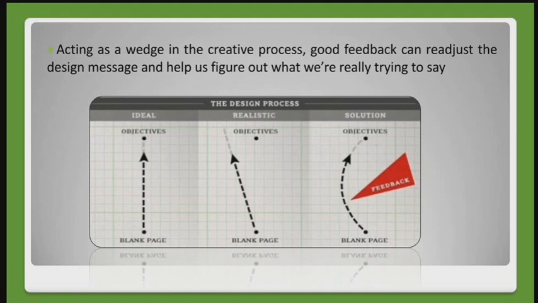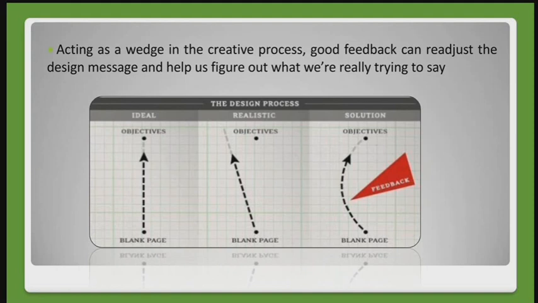Suppose we are going to manufacture a product, and some objectives will be there: this product should be like this, this product is used for this purpose, etc. We have to start from a blank page, where we don't have any idea about this, and then we start moving to reach the objectives.